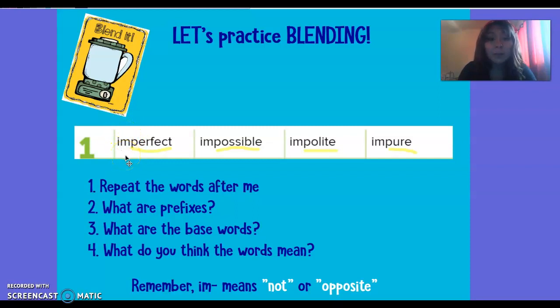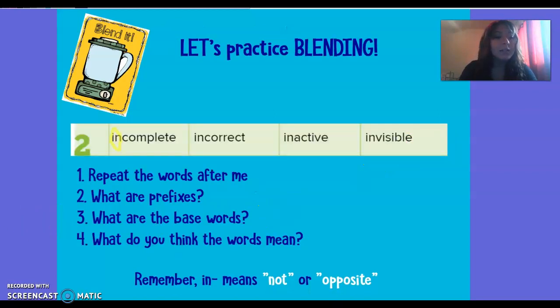So imperfect means not perfect. Impossible means not possible. Impolite means not polite. You don't ever want to be impolite, guys. Impure means not pure or not clean. Awesome. Let's go ahead and move on to line 2.